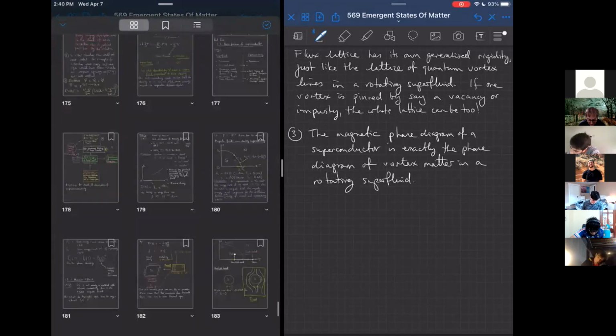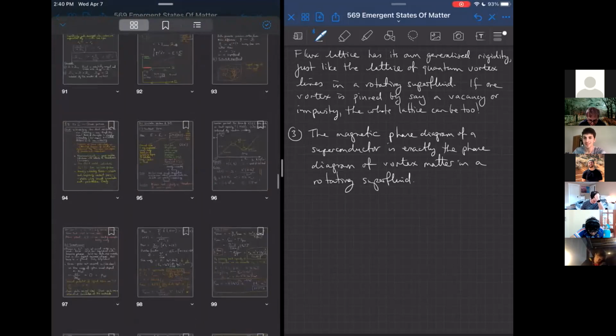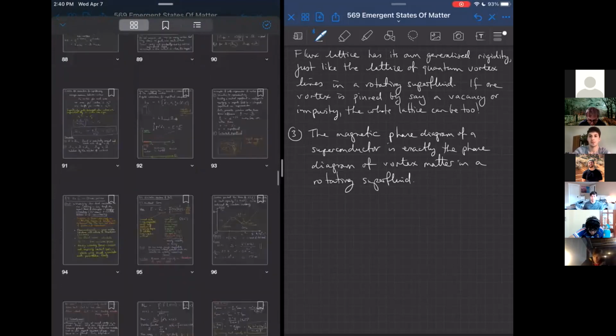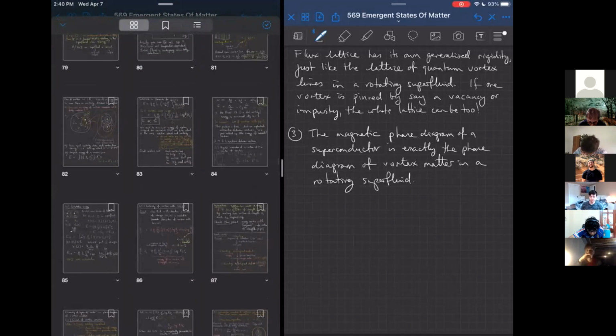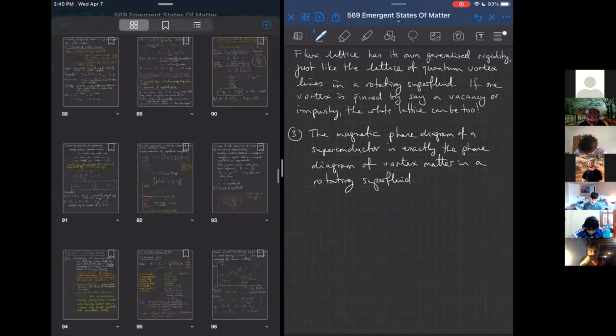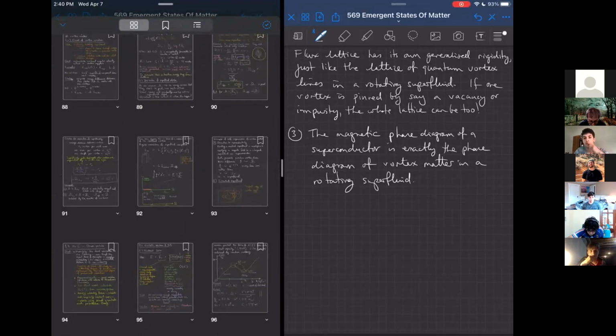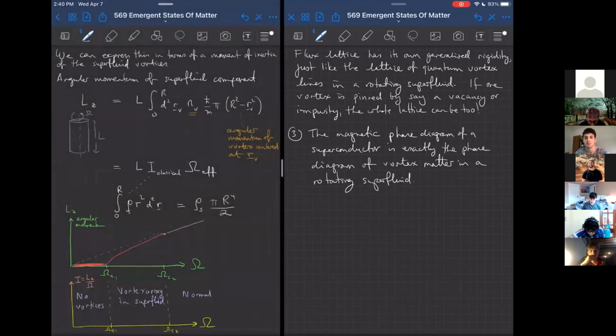So let's see if we can quickly spot that. Where did we talk about superfluids? Millions of years ago, right? Let's see, there's quantum vortex lines. Yeah, found it. Okay, so remember this page here.